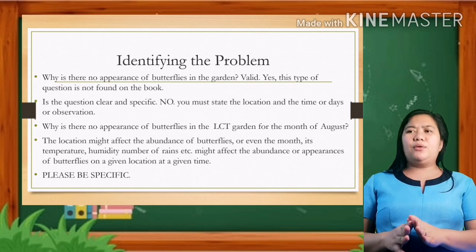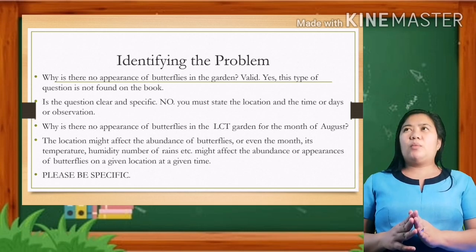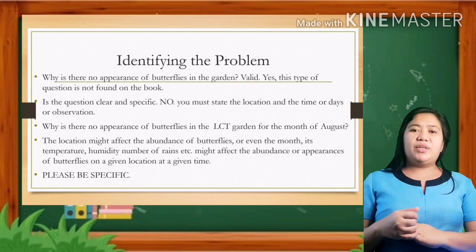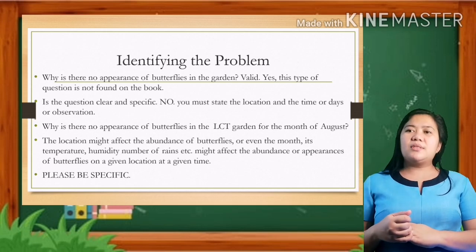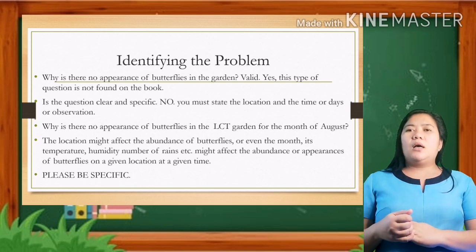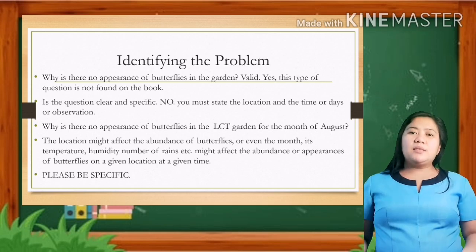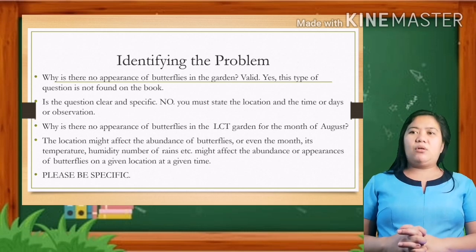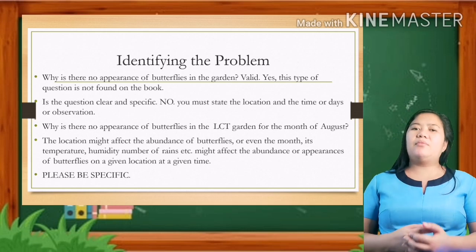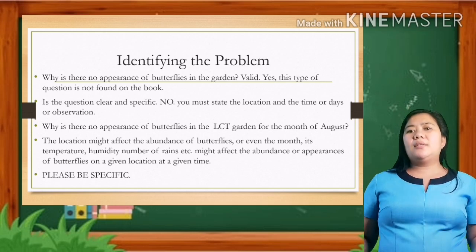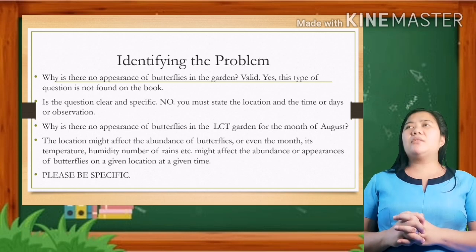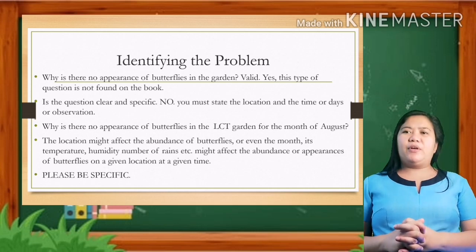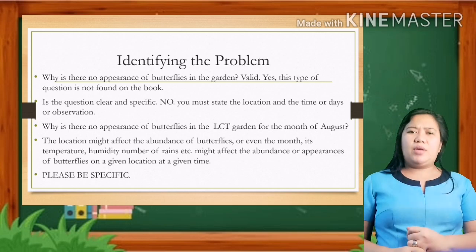An urban area is somewhat polluted and populated, and most of the areas are converted into subdivisions, houses, and establishments, which makes it not really conducive for butterflies to live in. Whereas in a rural area, you have a lot of trees, still spacious for butterflies to have this conducive type of living. So you need to state the location.